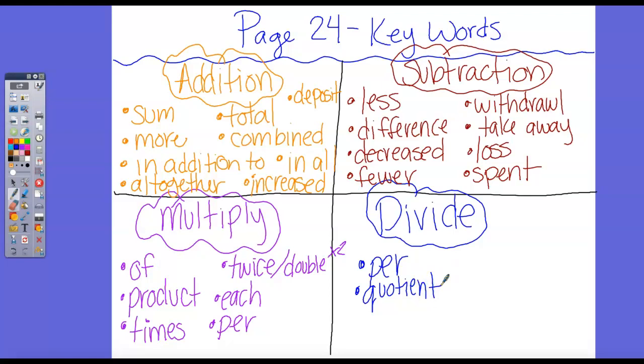What would be the opposite of double or twice? Cutting it in half. So if we cut something in half, we're going to divide by what number? 2. We could say share equally.